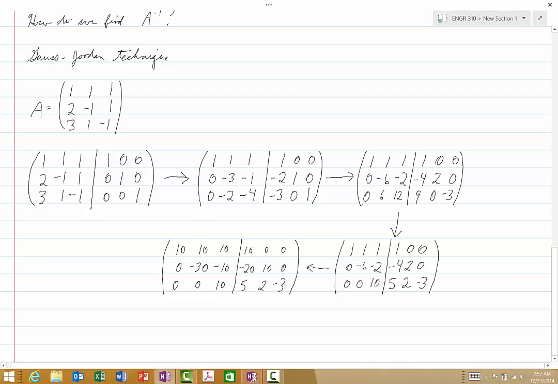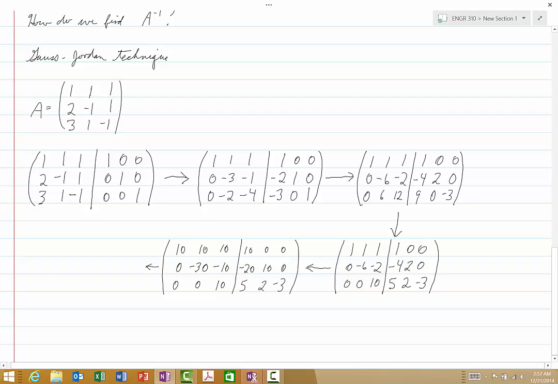And you can see now why I chose to multiply the top row by 10 and the second row by 5, because it gave us a 10 and negative 10 here, so it's going to be easy for me to eliminate those by adding the third row up above. So now I'm going to go ahead and do that. I'm going to add the third row to the second row to get rid of this negative 10, and then I'll add the negative of the third row to the first row to get rid of this positive 10.